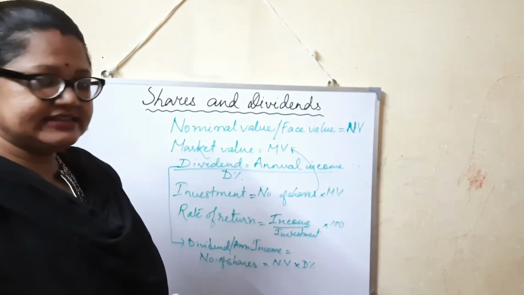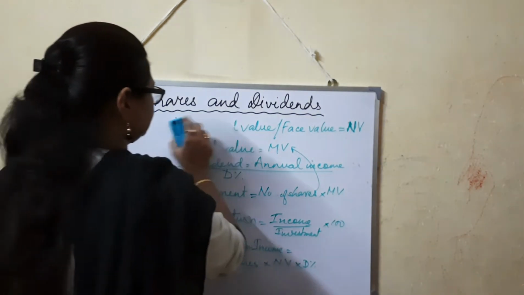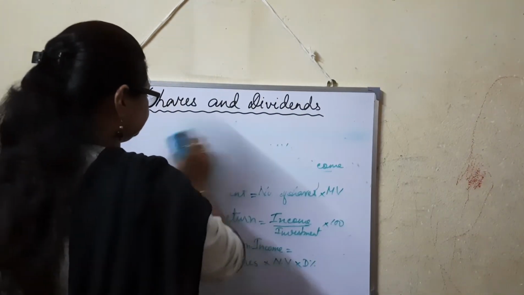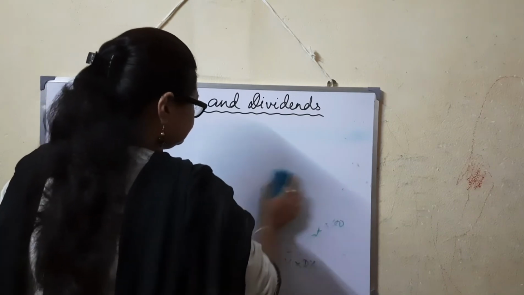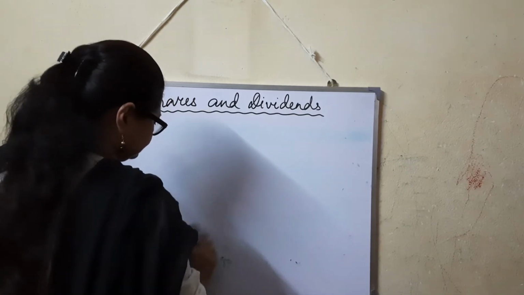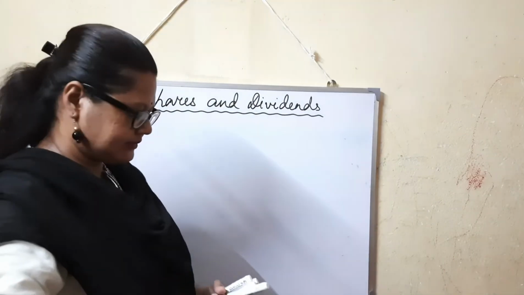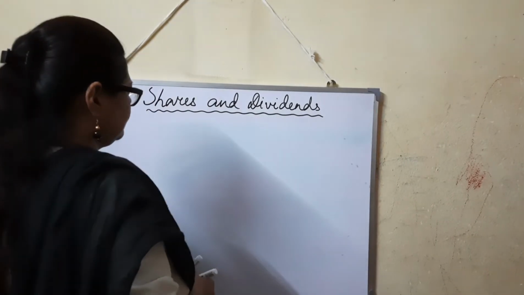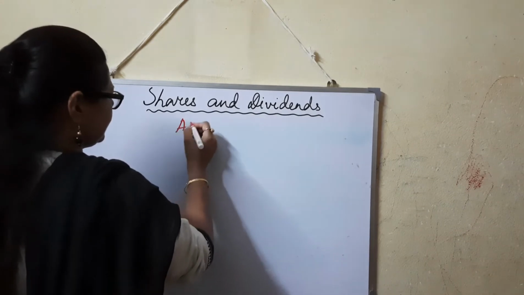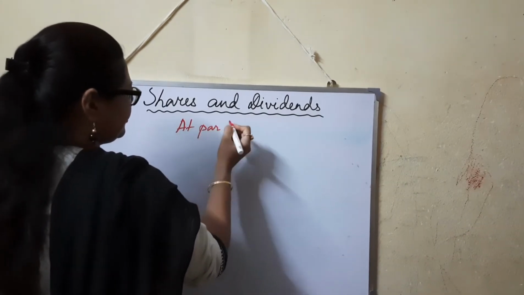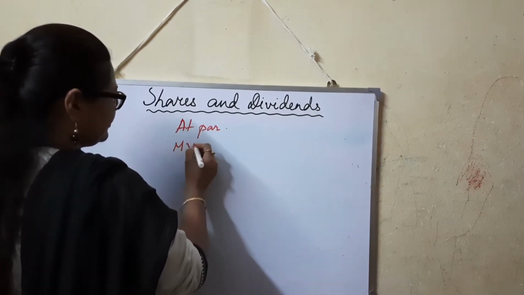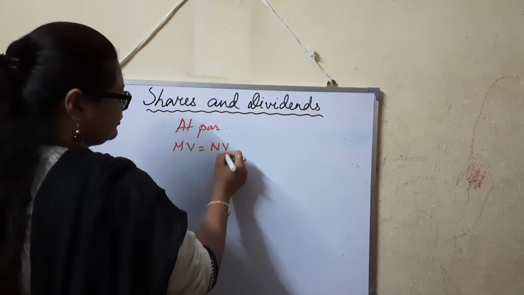There are certain other things which you require to know, that is at par. At par means where the market value is equal to the nominal value.